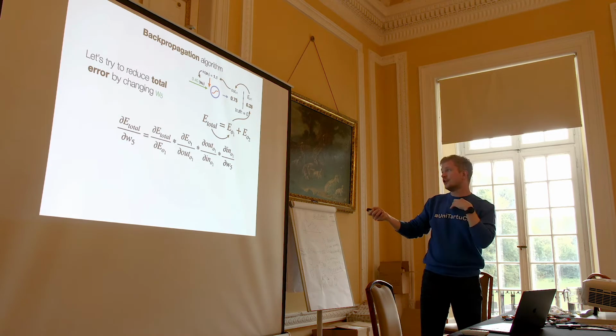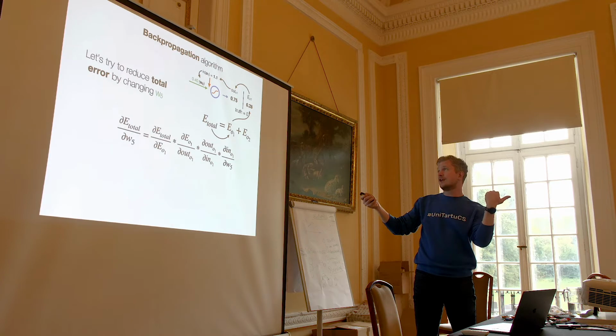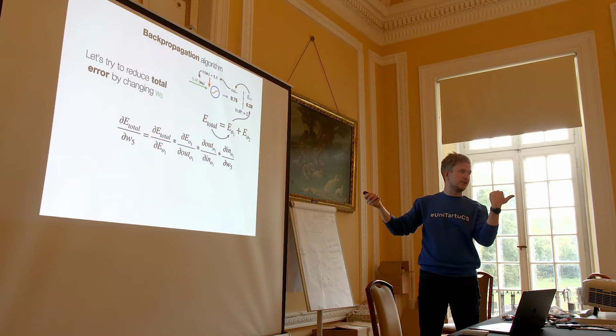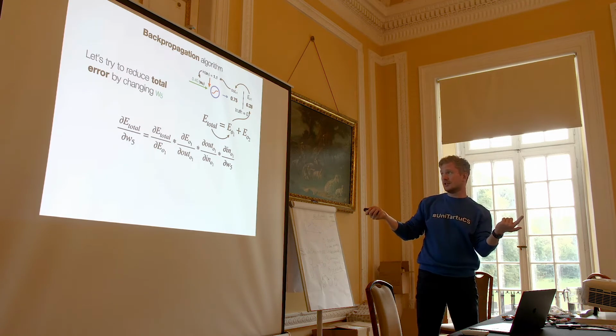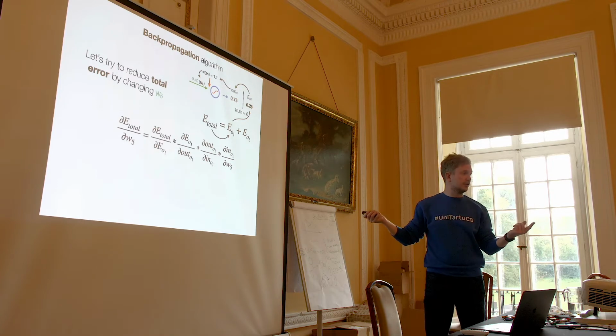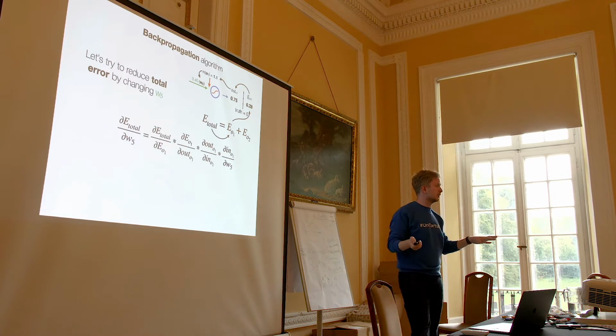The input is W5 times the output of the first hidden layer, plus this other W times the output of the second neuron on the hidden layer, plus b. So the b is already inside here. Any other questions?